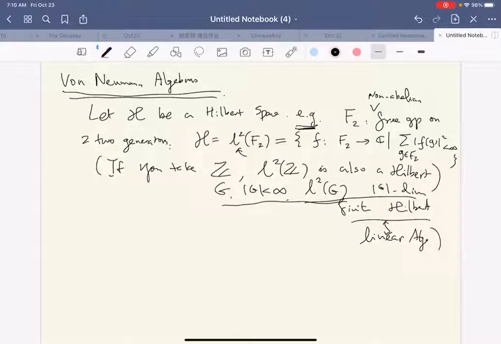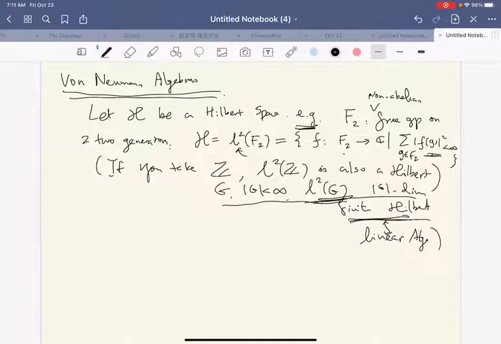This L2 means all the vectors are normalizable. In the finite dimensional case, this is not terribly interesting because if G is a finite group, then this is just a finite number of elements, so this condition is empty. But in the infinite group case, this is a non-empty condition.